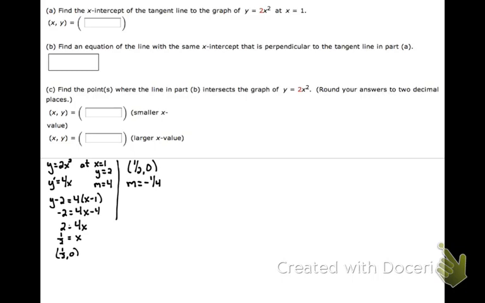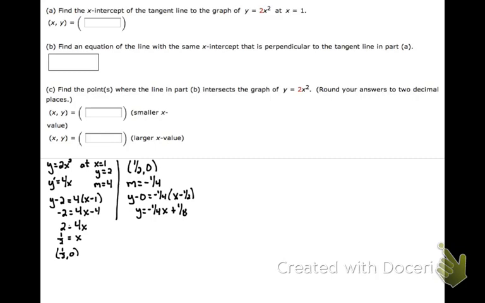So its equation must be y minus 0 equals negative 1/4 times x minus 1/2, or y equals negative 1/4 x plus 1/8. So that's B.